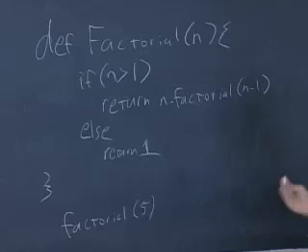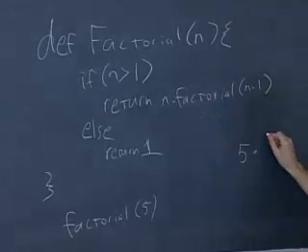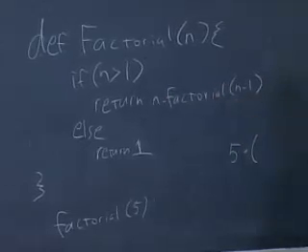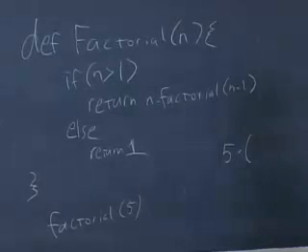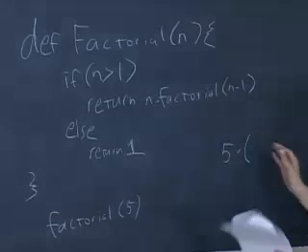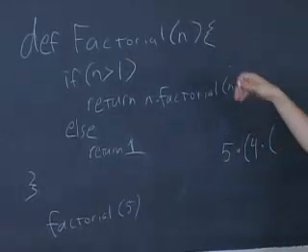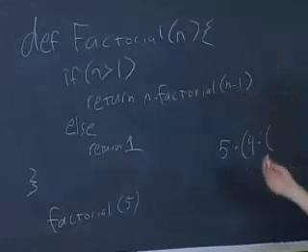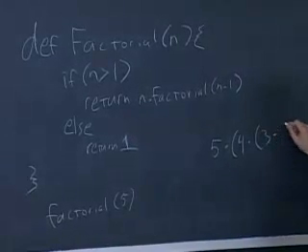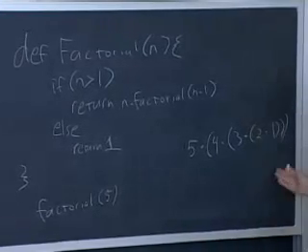So we return 5 times factorial of 4. And 4 is also greater than 1, so we return 4 times factorial of 3. So 5 times 4 times factorial of 3. It calls itself a bunch of times until we get down to 1. That's what actually ends up happening.